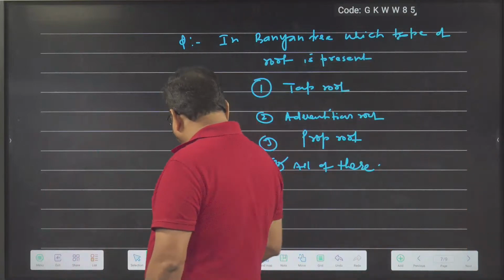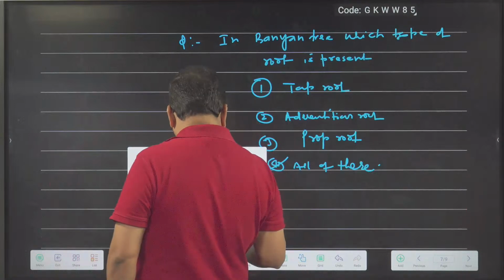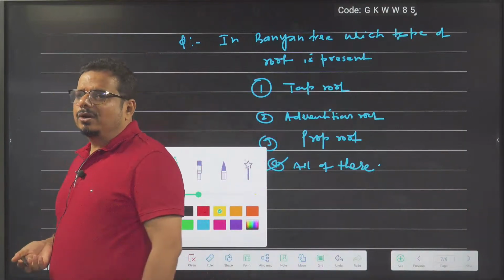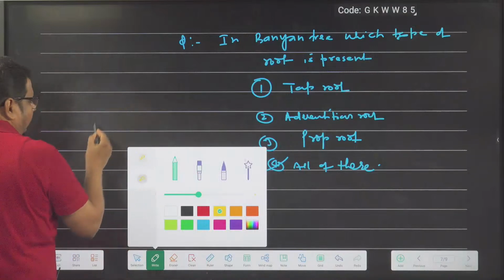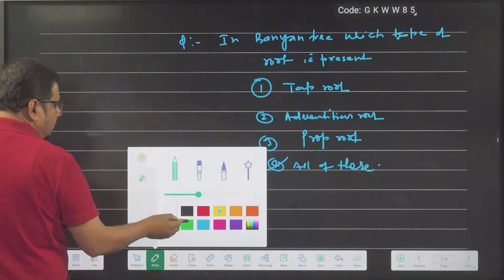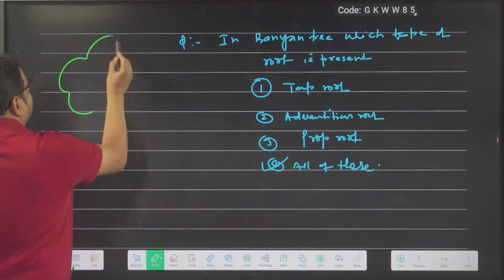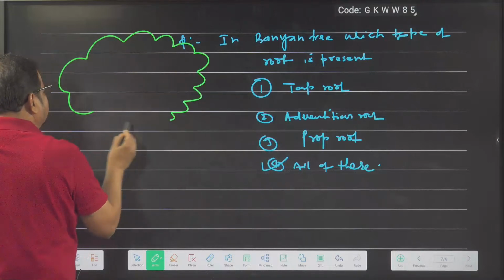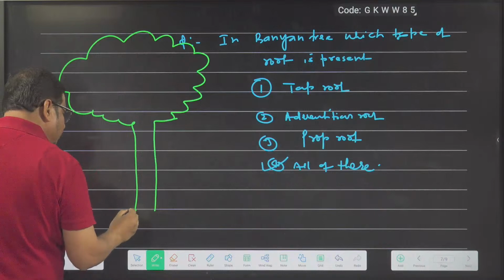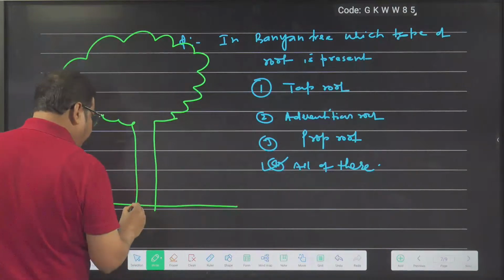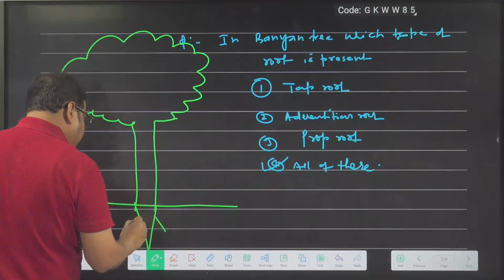So I am telling you why it is 4. Banyan is a dicot or monocot? Banyan is a dicot. And in a dicot plant, which type of root is there?